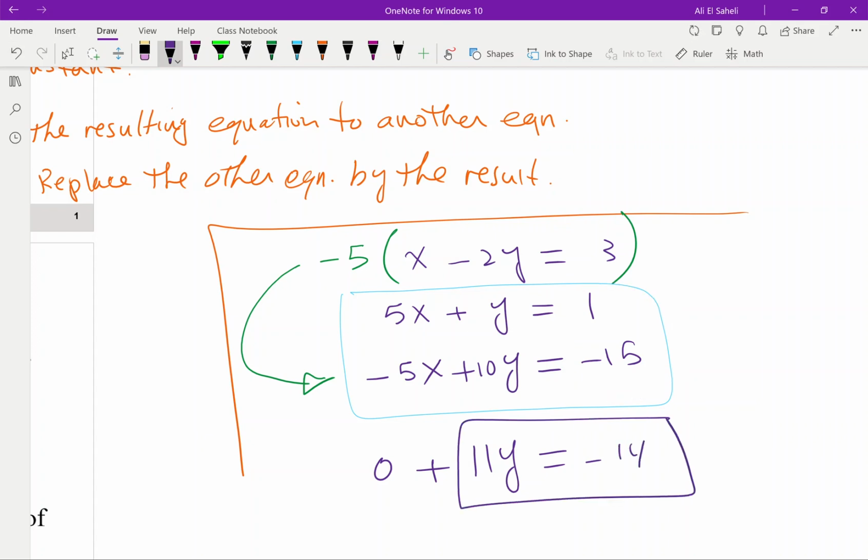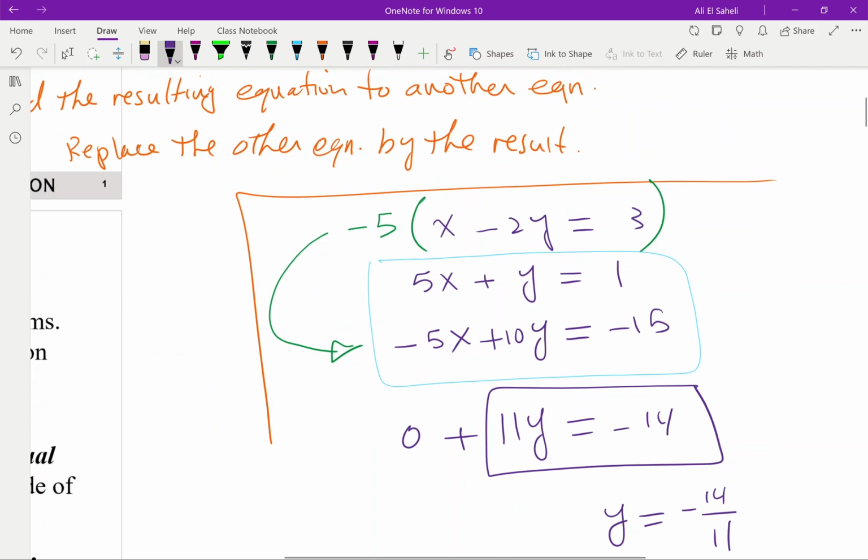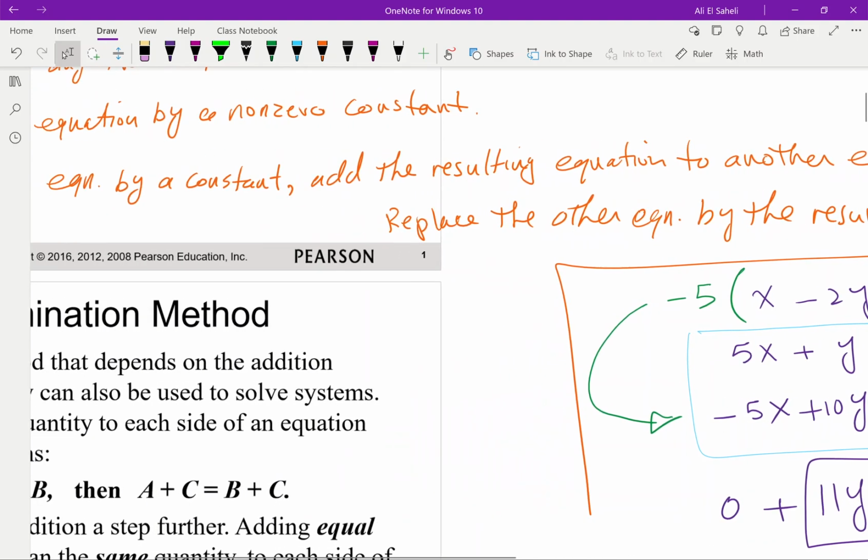As you can see, we have an equation that has only y in it, so you can easily solve for y. Then you can do the same thing for x: you can get rid of y and get x, or you can go back and find x from either one of the two equations.